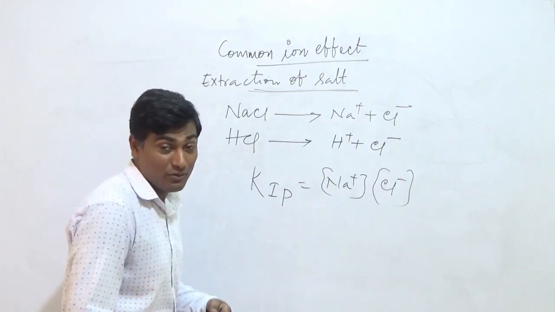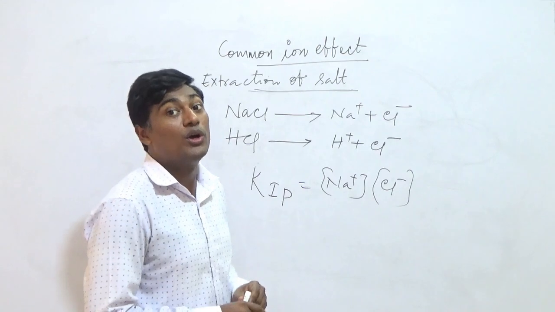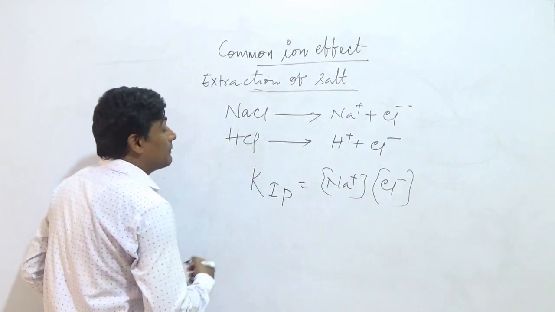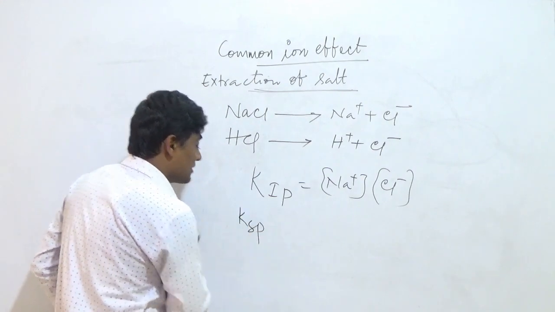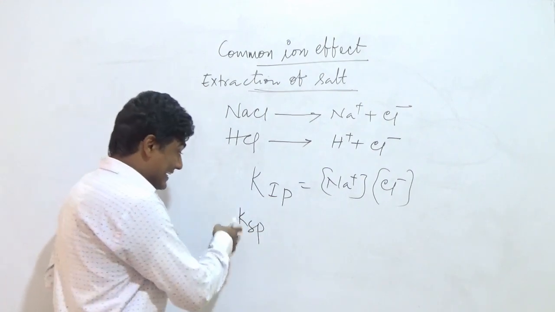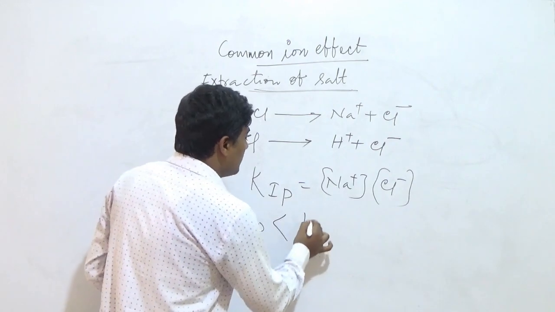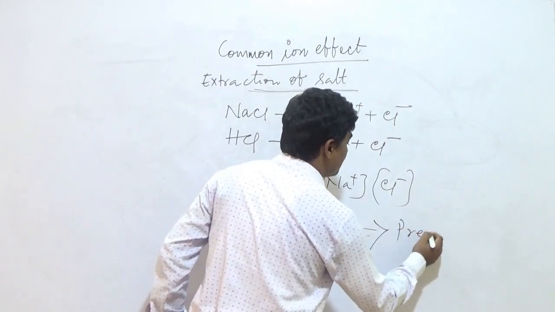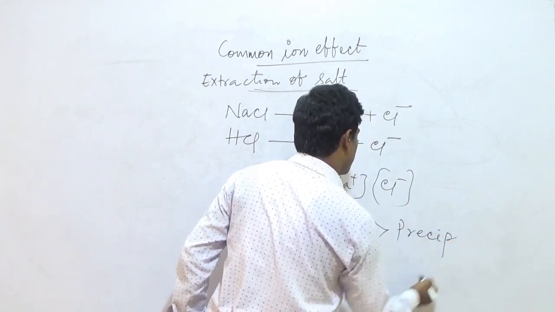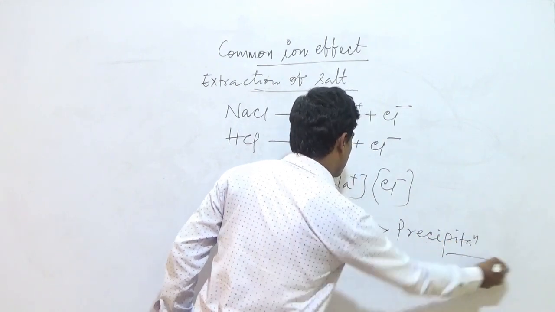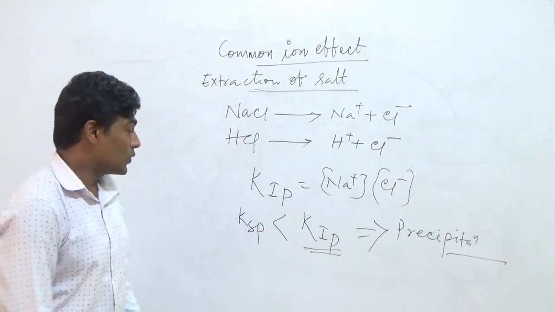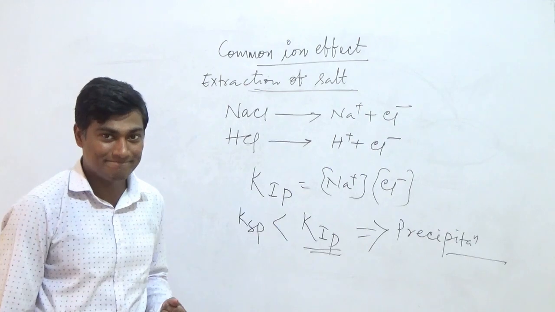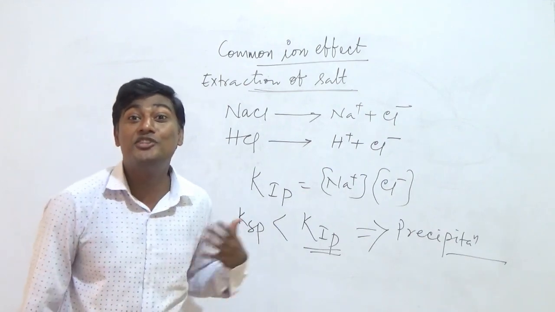I am repeating this again for your understanding. When you add HCl, the solubility product becomes less than the ionic product, hence precipitation. Are you getting me? This is the condition of precipitation of sodium chloride. So what did we do?